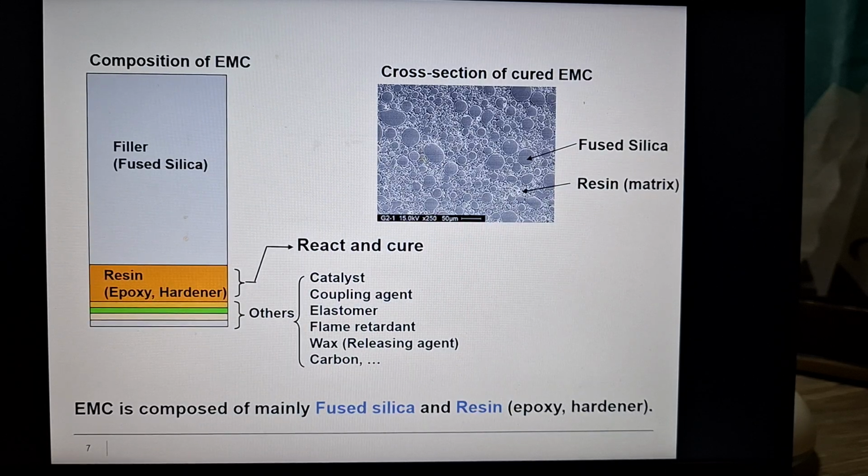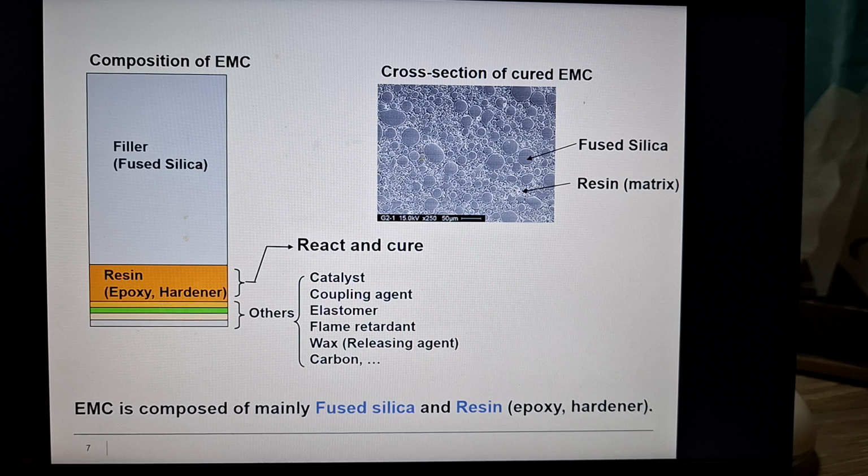And then we come to a point to understand, as I've talked about, compound, which is a composition of several materials. So an EMC is a composition of several things, or several materials. That's why it's called molding compound. It's called compound because epoxy, as I have mentioned earlier, is some kind of adhesive thing.